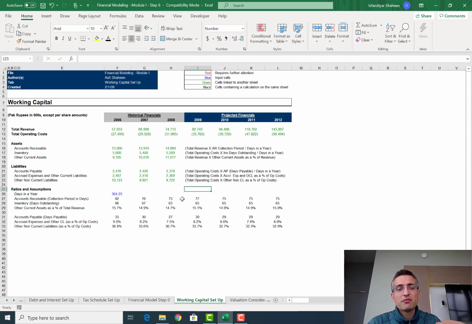And now that you have assumptions on the working capital days, you can use them with the forecasted revenue and operating costs to make a projection for your accounts receivables and your accounts payables, or basically your working capital line items.